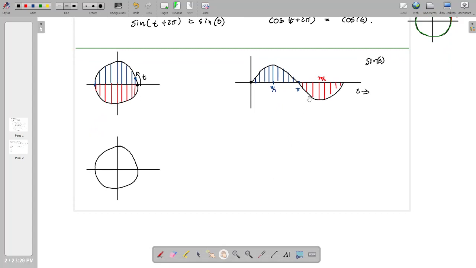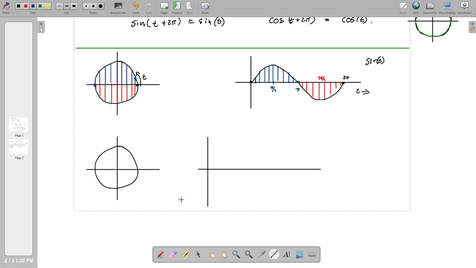So now let's do the same thing, but for cosine, right? Now we're graphing the horizontal distances. This, of course, is 2 pi. Instead of graphing the vertical distances, because sine is the vertical distance, it's the y value on the unit circle, we want to graph the x value.